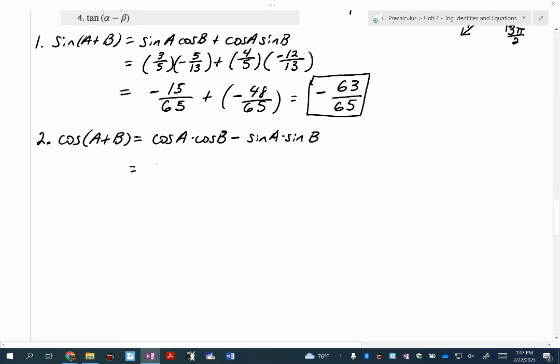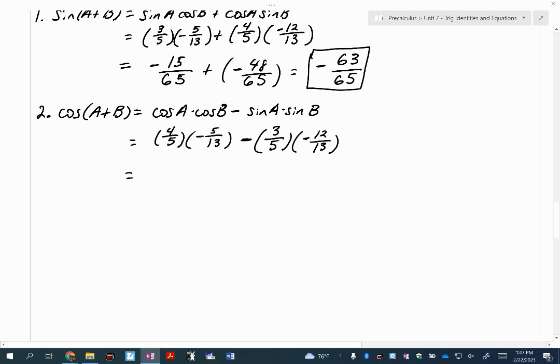The cosine of angle A was 4/5. We do know the cosine of B, that was negative 5/13, given to us. Minus, we know the sine of angle A, that's 3/5. And we found the sine of angle B from our sketch on the last one, negative 12/13.